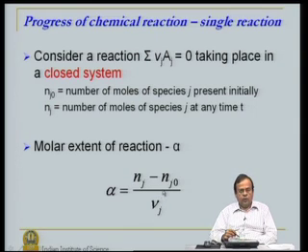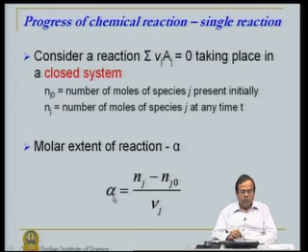Let me repeat, molar extent of reaction alpha is defined as change in number of moles of species J, that is N j minus N j 0, divided by nu j, the stoichiometric coefficient, and this is my first measure of progress of reaction.